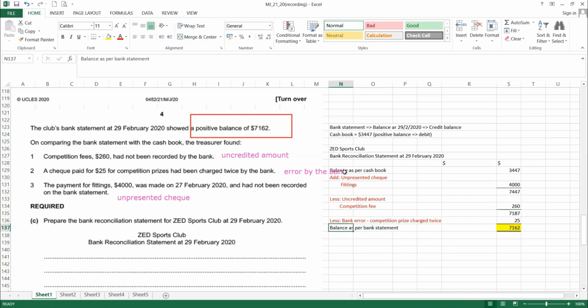But come to the final part, your bank reconciliation statement, balance as per bank statement. If the question gives the number itself, they say bank statement positive balance 7162, and let's say, for example, you make a mistake here. Instead of minus, I thought it should be plus, so I accidentally go and plus it.